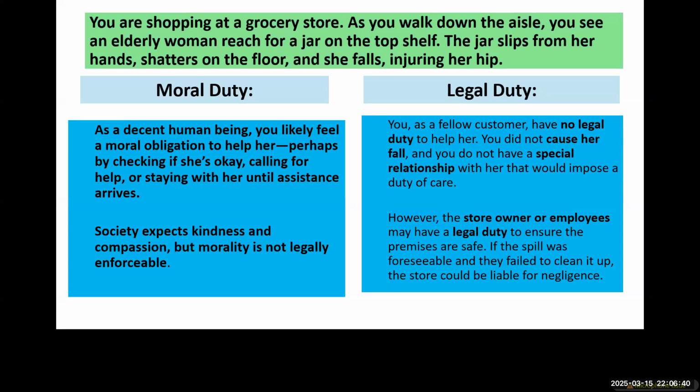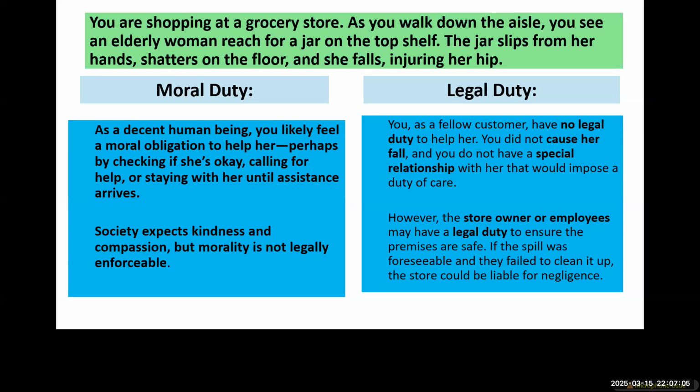You didn't cause her to fall. You didn't put into action the motion that resulted in her falling. And based upon the hypothetical, which is up there in the green block, it's very small, there's nothing to indicate that you have a special relationship with her that would impose a legal duty of care, right?